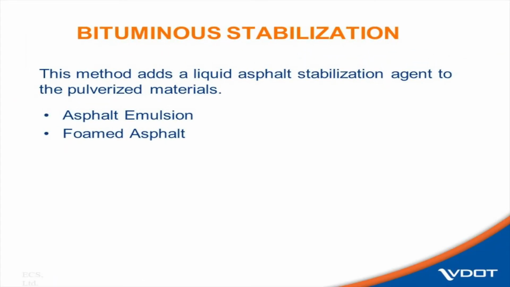Bituminous, we've all seen asphalt emulsion, asphalt suspended in water. You blend that into your reclaim layer. Foam's a little more rare. I try to imagine it like a cappuccino machine. You have a hot jet of asphalt, hot jet of water. When they combine, it froths and foams, and that's blended into the aggregate and soil.